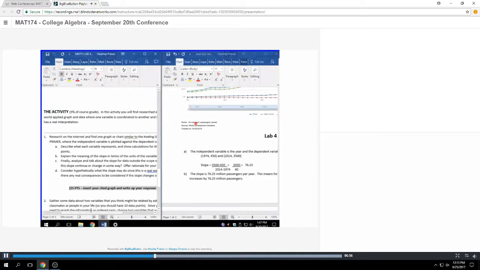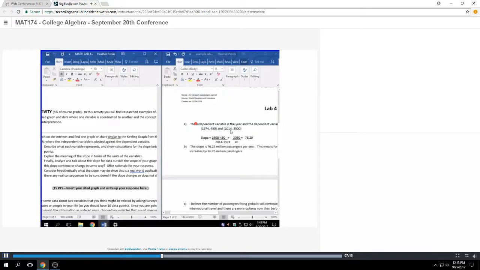On part C, it says to analyze and talk about the slope for data outside the scope of your graph. Will the slope continue or change in some way? And then offer rationale for your response. So it's kind of like predicting what's going to happen outside of the domain that you have here.